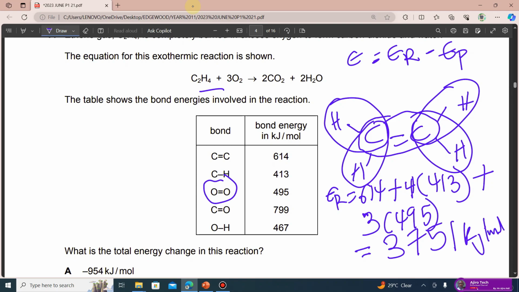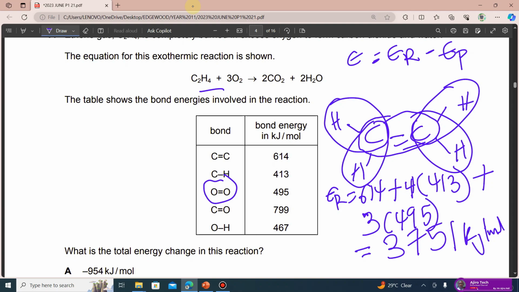We have 614 because there is just one carbon double bond, 4 into bracket 413 because there are 4 carbon hydrogen bonds in the ethene compound, and for oxygen, O double bond O, there are 3 of them, that's why it's 3 times 495. So we obtain 3751.